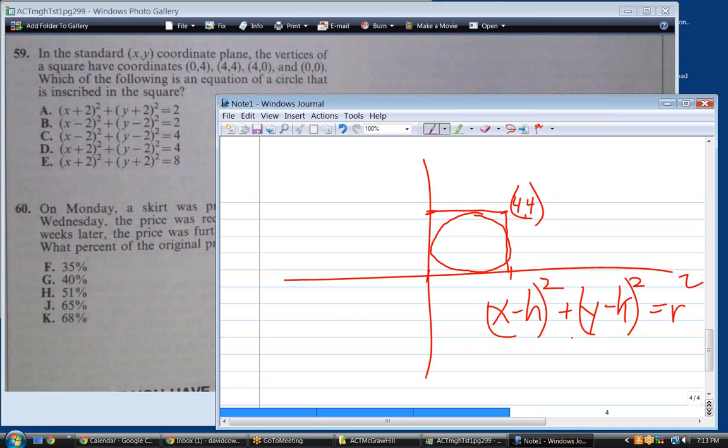Okay, what's h and k? I guess that'd be 2. All of them, everything's 2. So answer C. Yep. The easiest mistake on here is to put r over here instead of r squared. Right. All right. Well, that wasn't too hard.